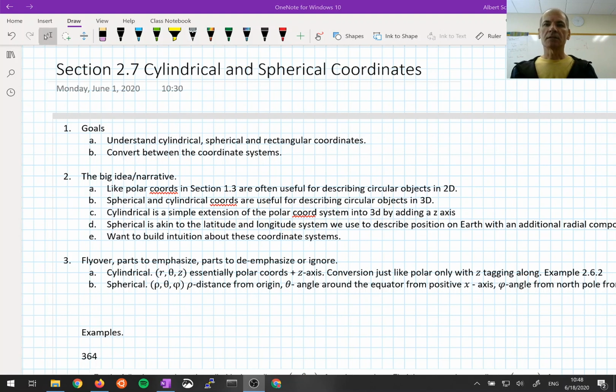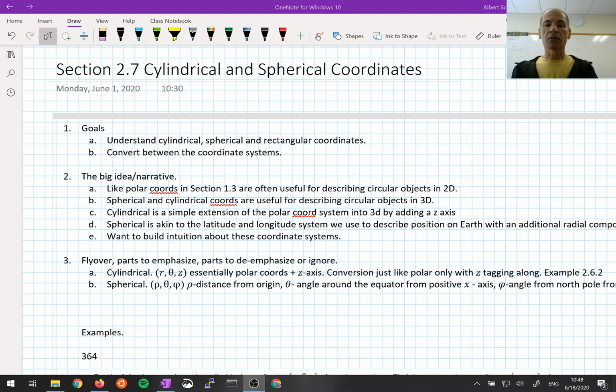Rho is the distance that the point is from the origin of the coordinate system. Theta is where it is in the xy plane, and phi is its angle from the North Pole.